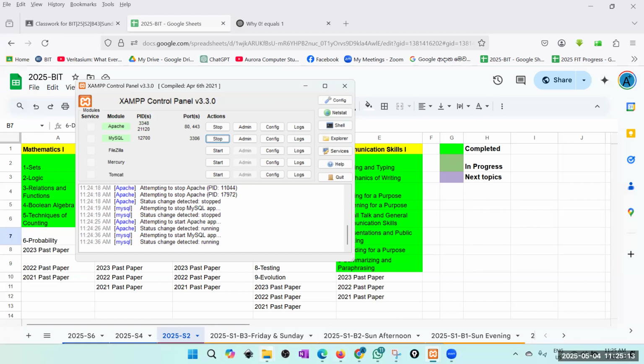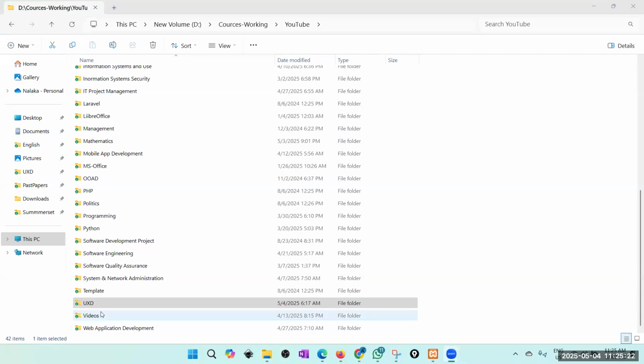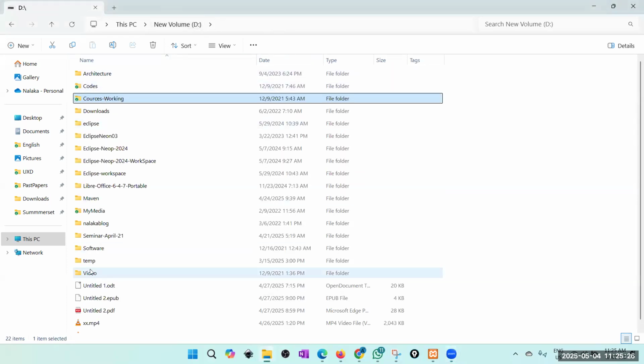So when you install SAMP, MySQL is installed inside SAMP. For example, I have installed my SAMP in my C drive. Again, if you want any other software, that is fine. In my case, I use SAMP.